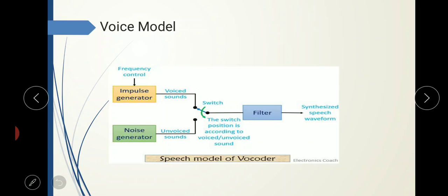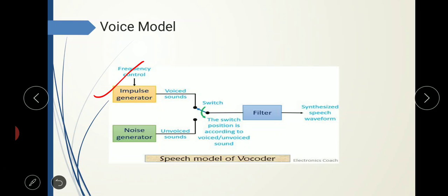Voiced sounds are simulated by the impulse generator, the frequency of which is equal to the fundamental frequency of vocal cord. Means according to the frequency of our vocal cord, the frequency is similar with the impulse generator frequency.